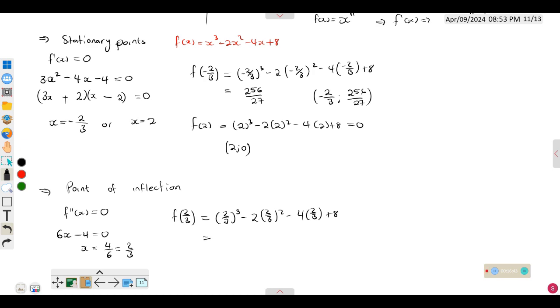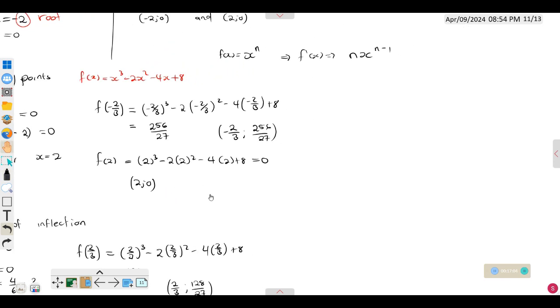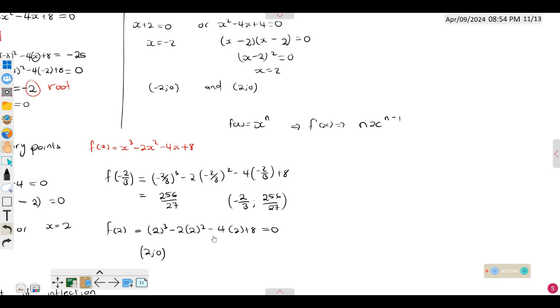So this gives you 128 divided by 27. In coordinate form, we have 2 over 3 as the x coordinate and 128 divided by 27 as the y coordinate. So now we should take this information and sketch our graph without even stressing ourselves.